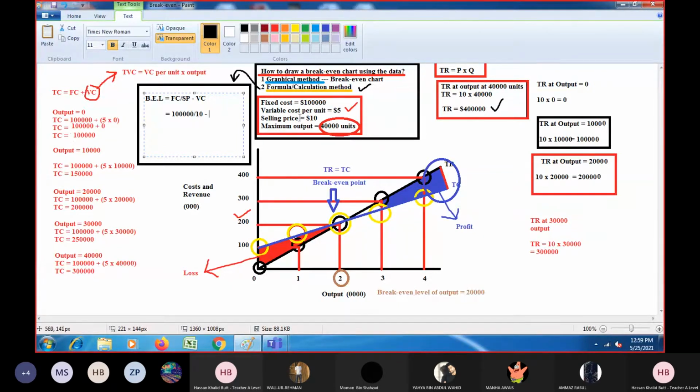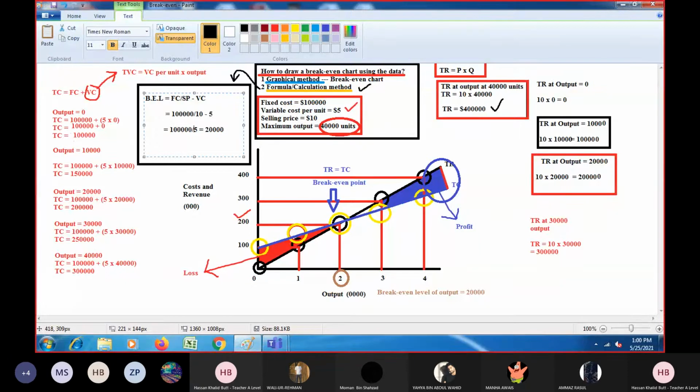You can see the selling price is $10 and variable cost is $5. Fixed cost is $100,000. So I'll write 5 here. Okay, and we'll get the answer. This will be 100,000 divided by 5, and the answer will be 20,000.